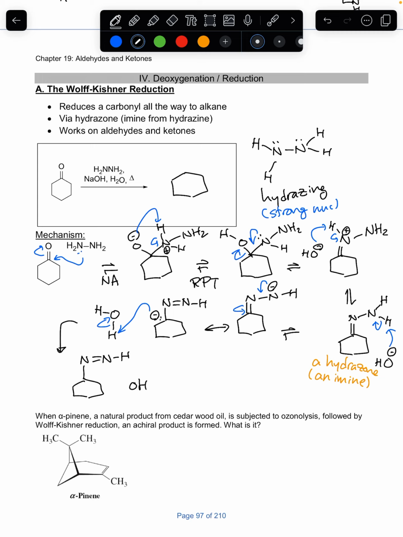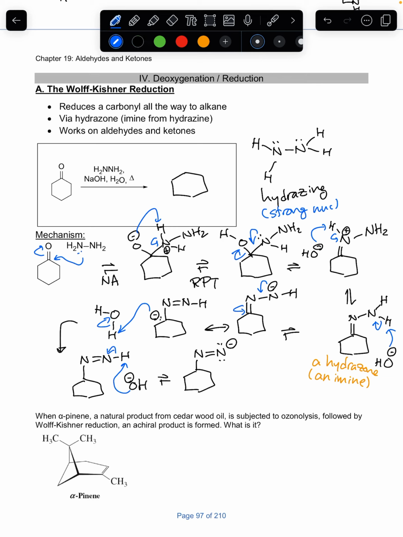That gets us here, and remember we still generated more hydroxide, so this is abundantly available and could take off a somewhat acidic proton, like a proton on a heteroatom. That would leave behind a negative charge on the nitrogen.